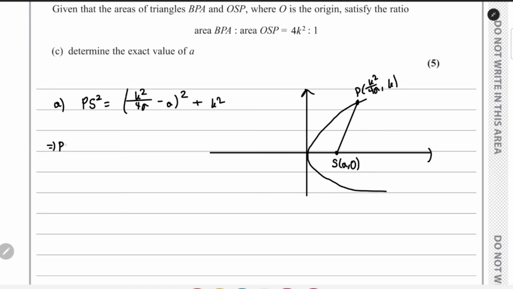So PS square will be equal to k to the power 4 by 16a square minus 2 times k square by 4a times a plus a square.